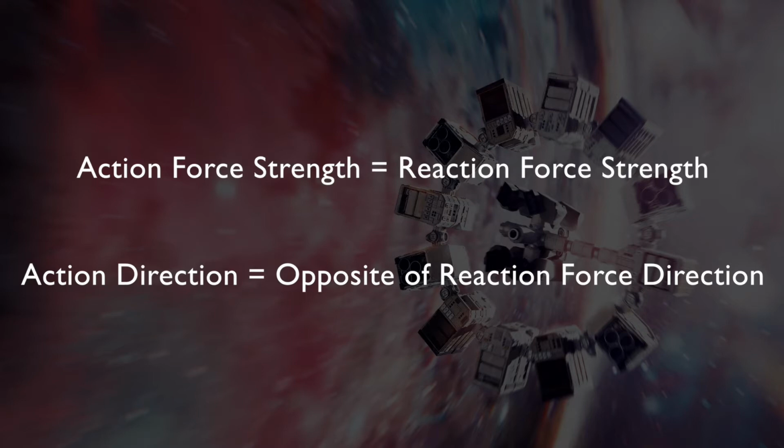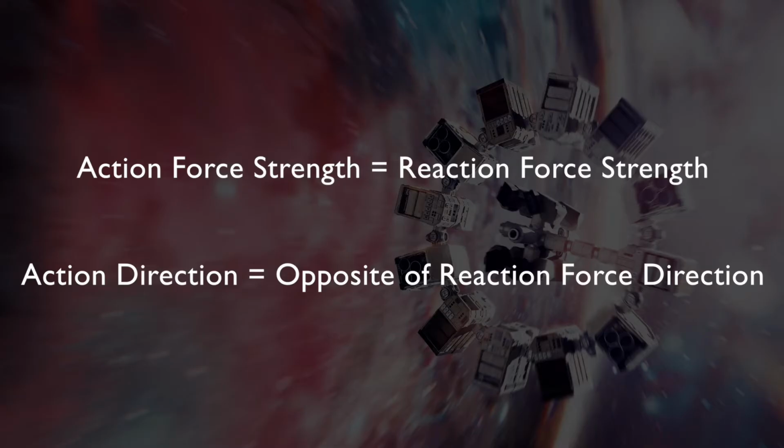Both of these two forces are equal in strength and opposite in direction. In the previous clip, you can see how the action of the spaceship separating from the smaller spaceship caused a reaction to the larger spaceship, propelling both objects to increase their velocity in opposite directions.